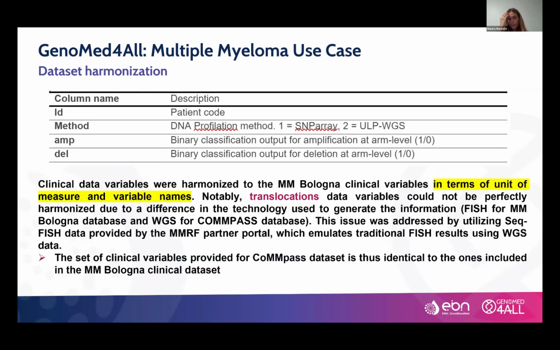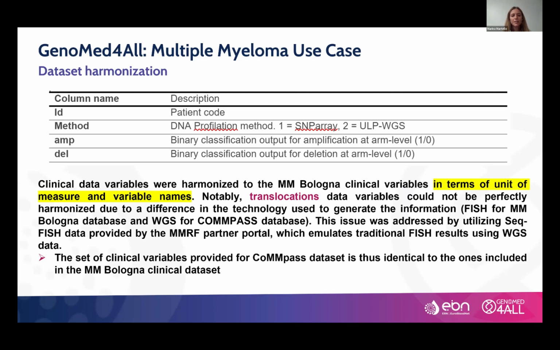Two steps have been carried out by our group in Bologna for this data set. The first one was data set harmonization, since particularly for genomic data, they derived from different molecular techniques, so the output data were very different. This step was very important in order to provide the other research groups a clean data set to perform the downstream analysis.